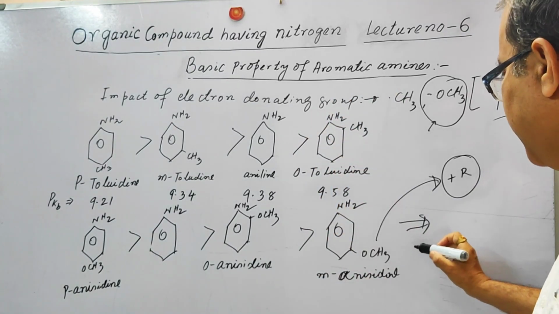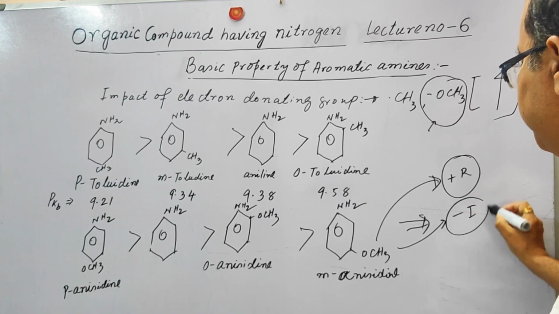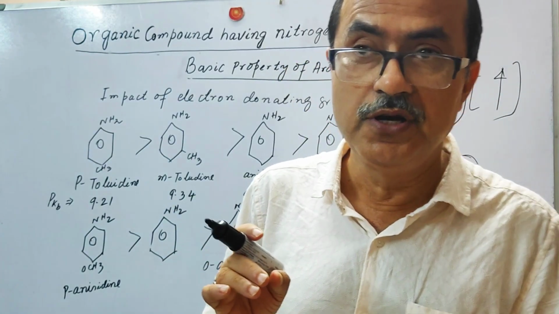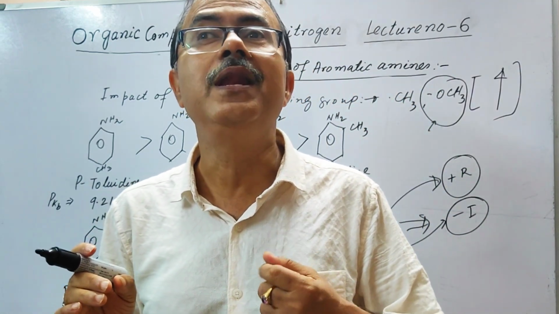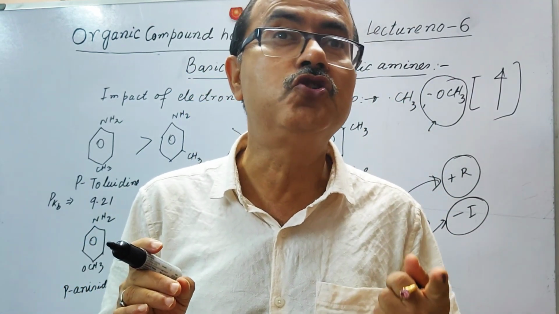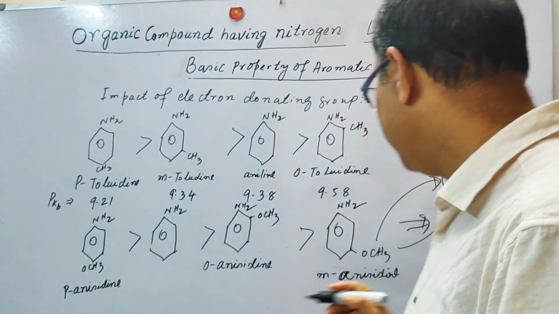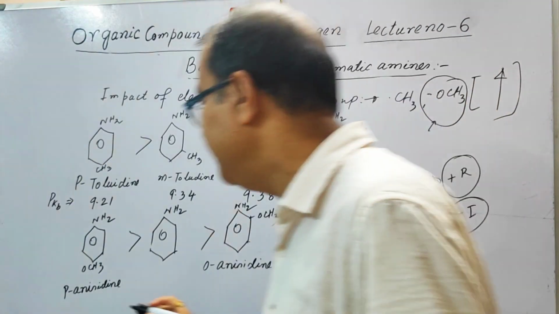And at that time, the minus I effect is operative, and that is why although it is changed to the meta position of this benzene ring, it will act as the electron withdrawing group, not as an electron donating group, and that is why its pKb value will be very, very less.